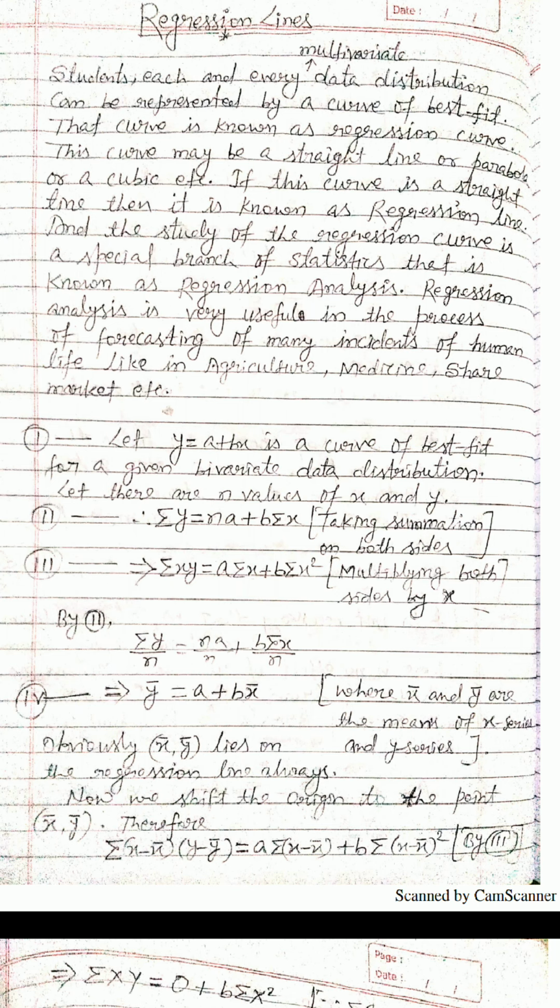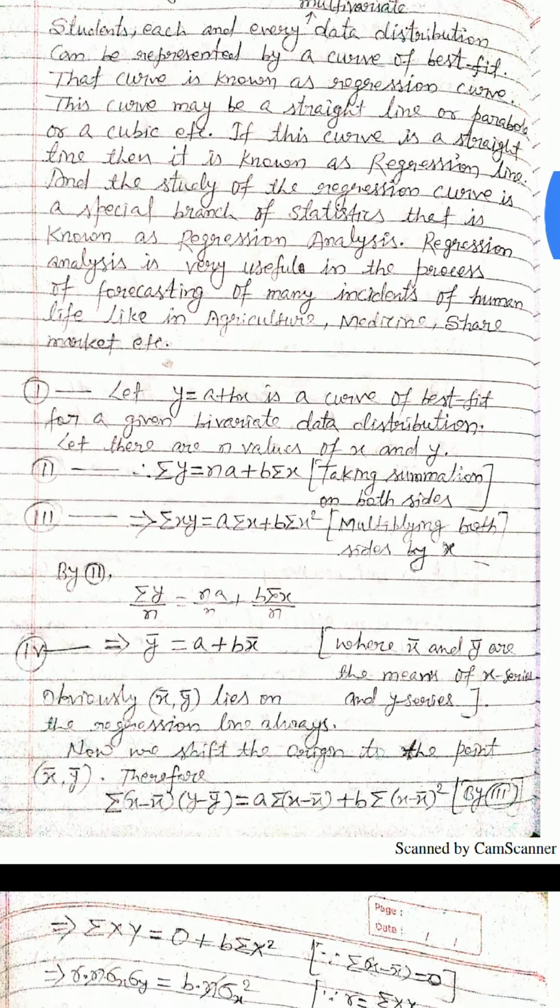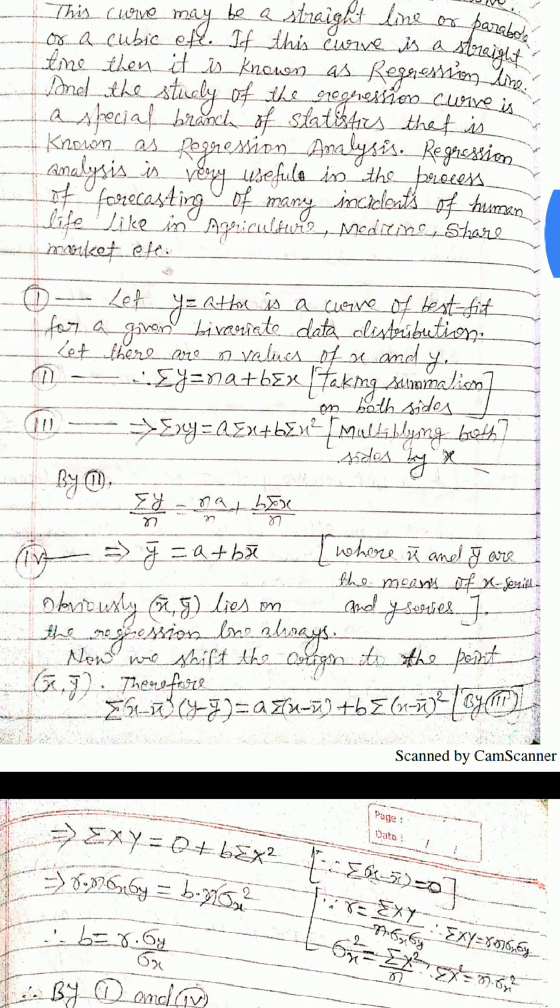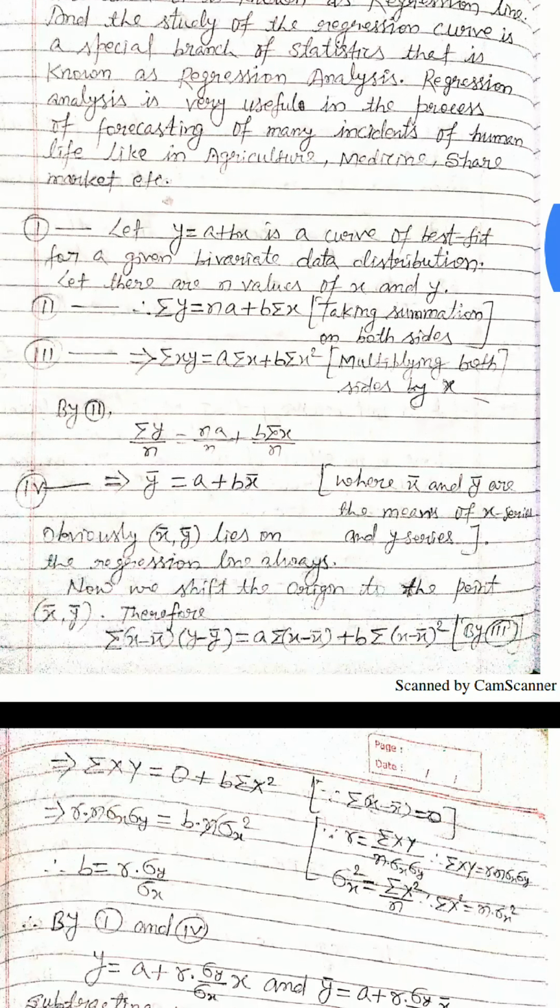So y equal to a plus bx is the curve of best fit for a given bivariate data distribution, and a and b are constants here. If we take the summation on both sides, we get the summation of y equal to na plus b into summation of x.